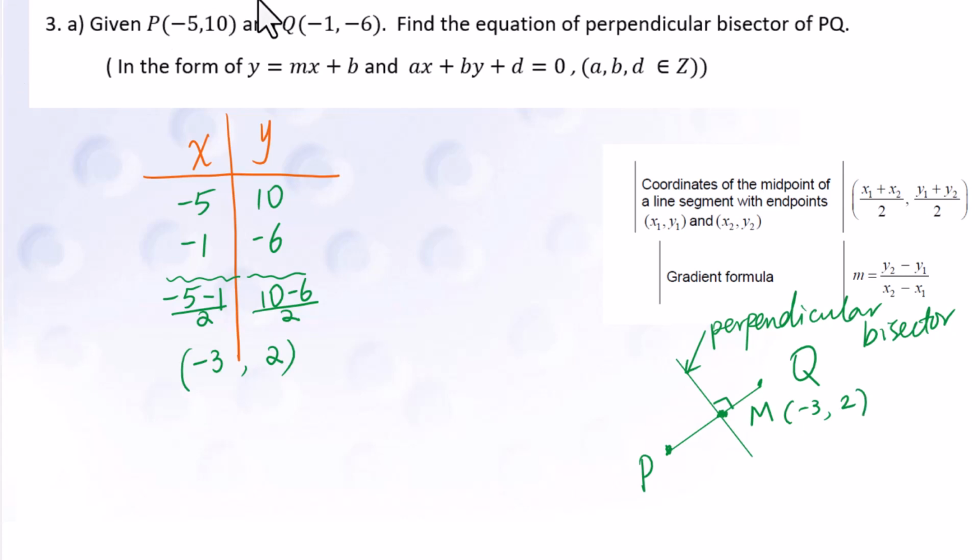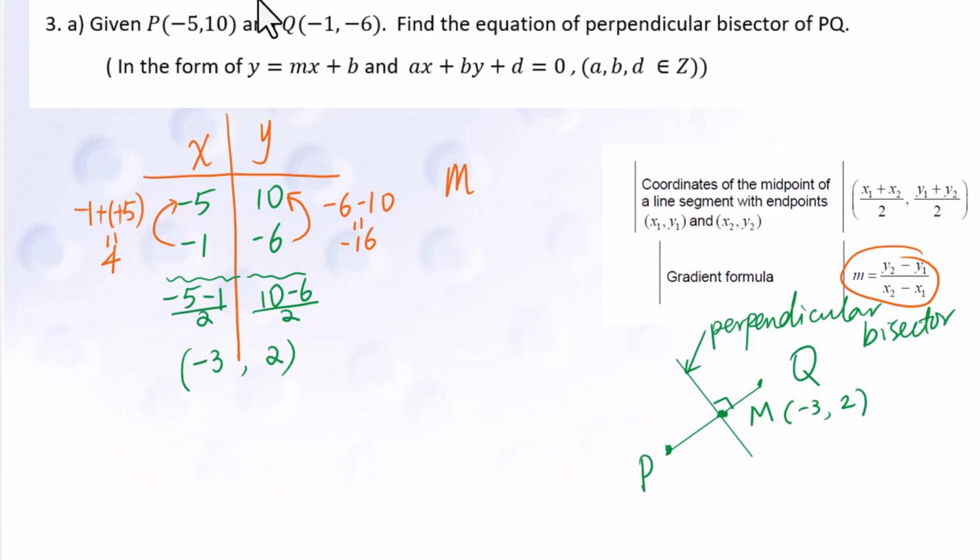We will use the slope formula to figure out the slope of PQ. We will draw this arrow: negative 6 minus 10 equals negative 16, over negative 1 minus negative 5. Negative is positive, equals 4.